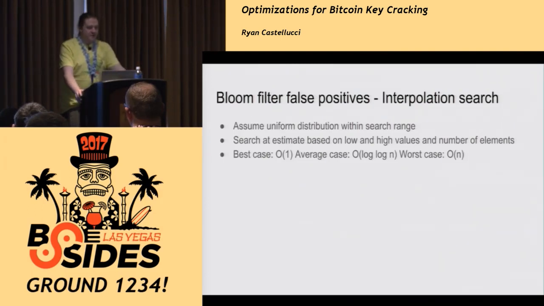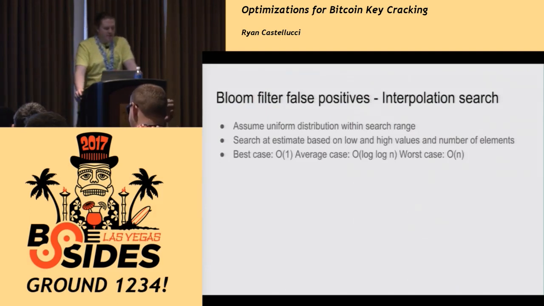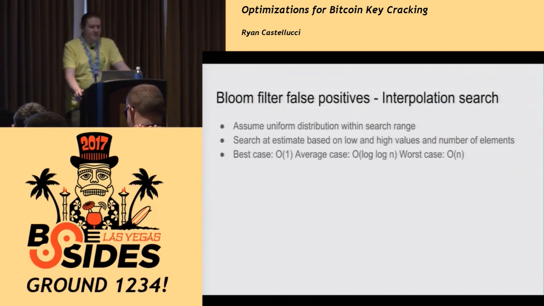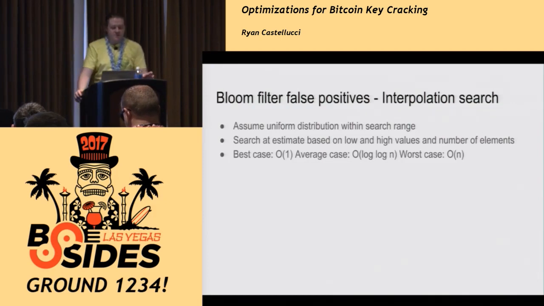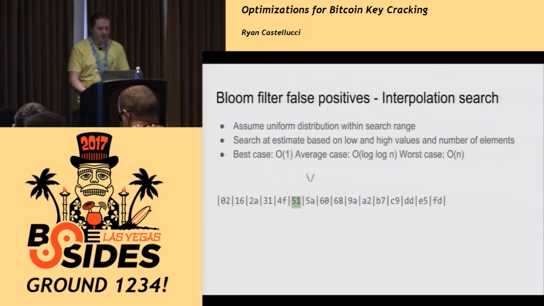But as long as that doesn't happen, it's log log n, which instead of 18 operations would be 4 or 5 to search all nearly 300 million addresses. In practice, it's a little bit worse than that because it tends to be front-weighted, but overall it works pretty good. And so here's what that looks like.